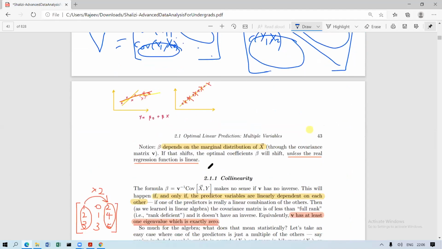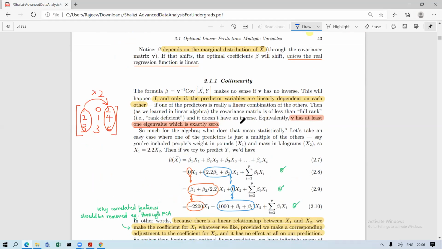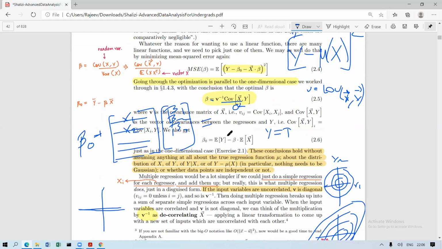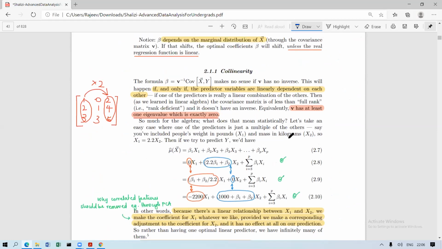Beta depends on the marginal distribution of x. Based on what x is, beta will change; if the covariance matrix V shifts, the optimal coefficient shifts. This was in matrix format, x dot beta. If you expand it, your predictor is beta 1 x1 plus beta 2 x2 plus beta 3 and so on.